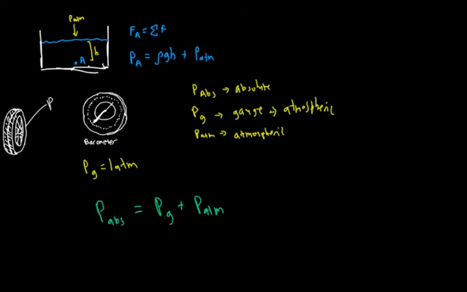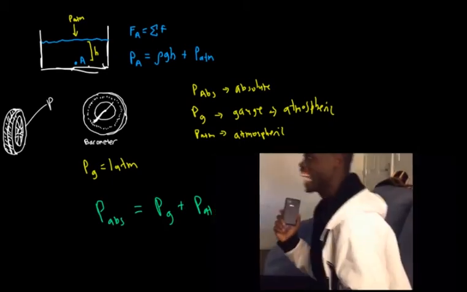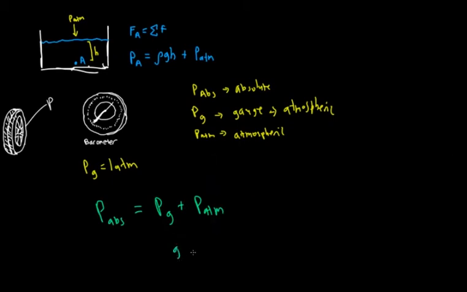So you sum up the gauge pressure and the atmospheric pressure, and that gives you the absolute pressure. The way to remember that is this is kind of like the total pressure, and this is the got him. Got him! Got him pressure, kind of. I don't know, that's kind of how I memorized it.